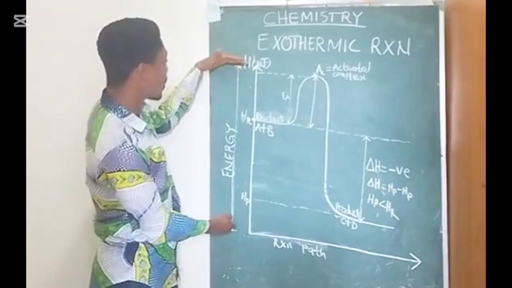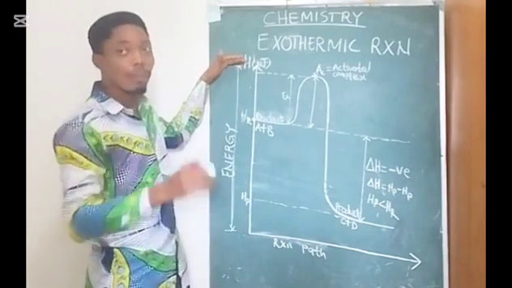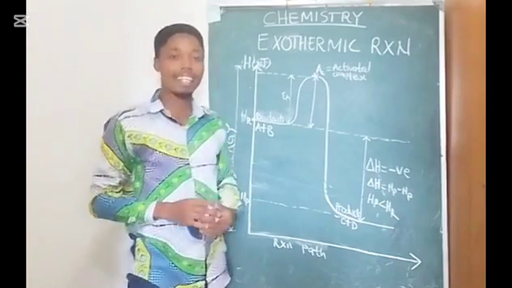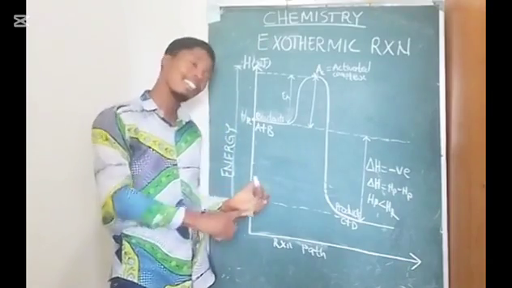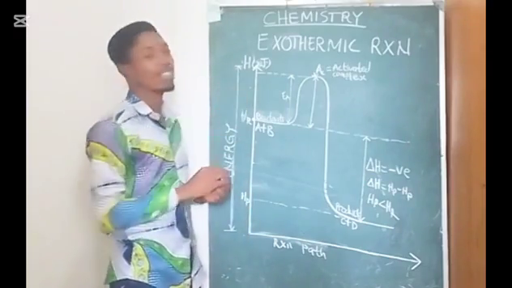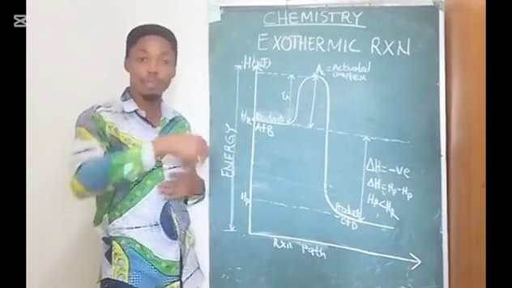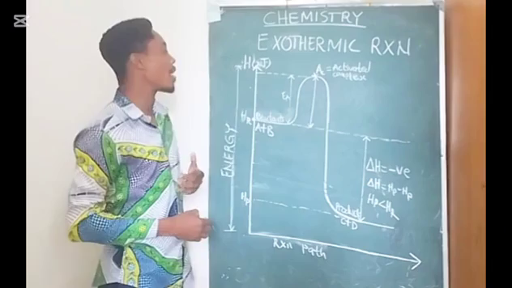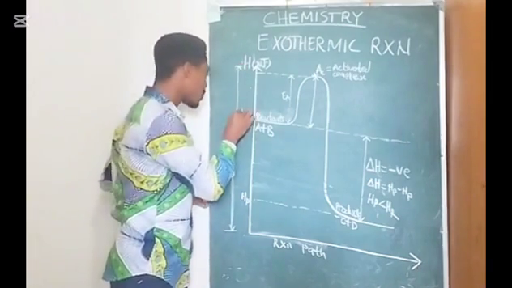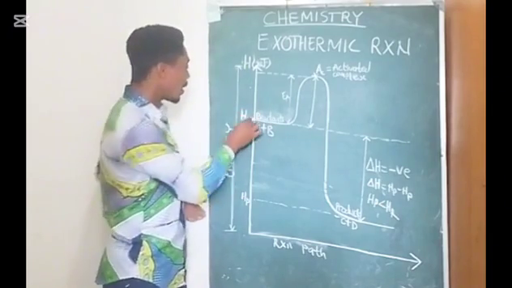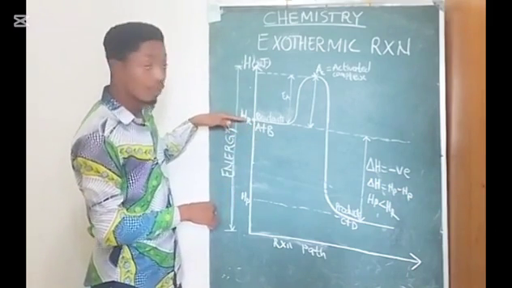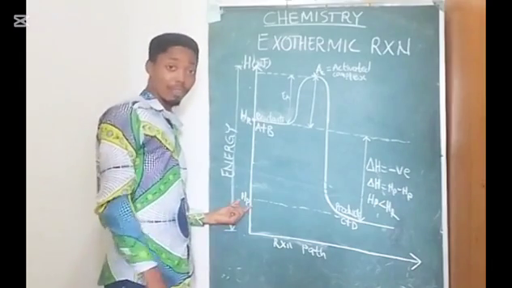Now, this difference is energy, because when we were looking at heat content, I told you that heat content can be measured as energy, as heat, as light and heat, as sound and heat. So it's energy, and the unit preferably used in this measure is the kilojoules. You can see here that HR is the heat content of the reactant, and this is HP, the heat content of the product.